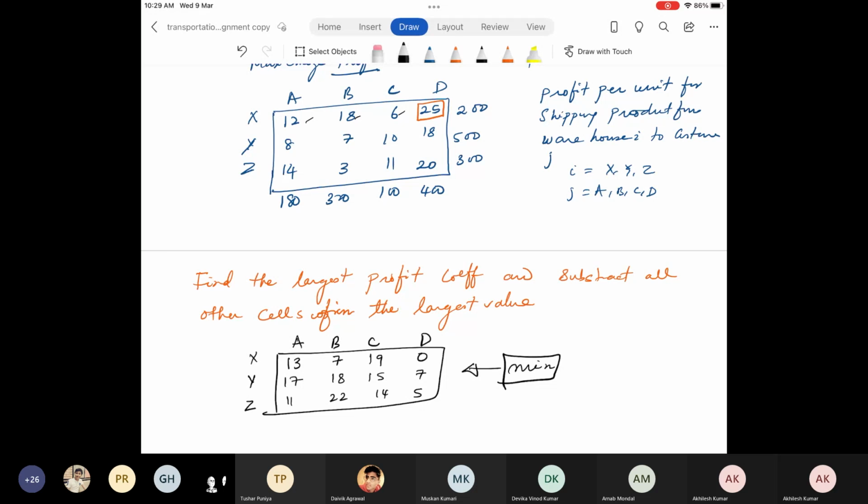We first convert the table from a maximization to a minimization table, and then follow whatever we have learned in the transportation algorithms. As you can see, this is the highest profit. I want to allocate as much as possible. When I'm trying to minimize, this is the lowest cost, so if I assign it, I can easily work with it.